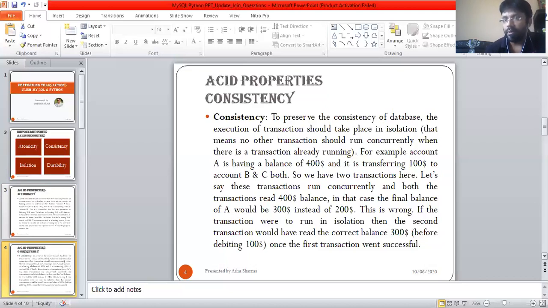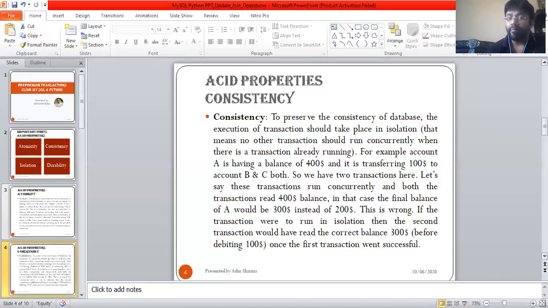This is wrong because in this example, account A initially has $400 and it is transferring $100 each to B and C. It means first it should transfer that amount to account B, then it becomes $300, and then it transfers to account C, then it becomes $200. It is not happening because both transactions, if you see, here is an error.